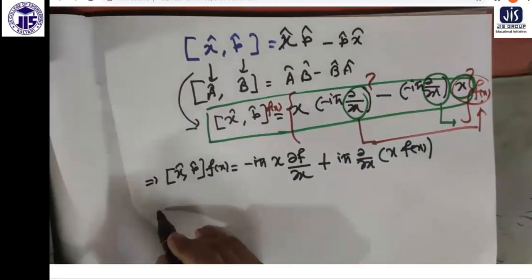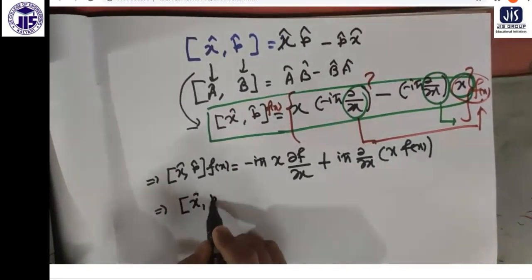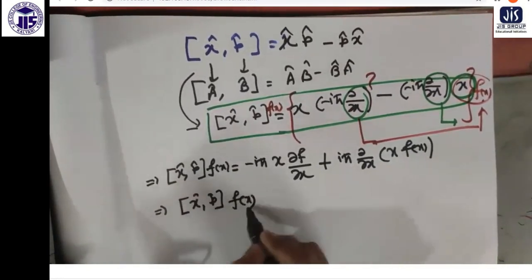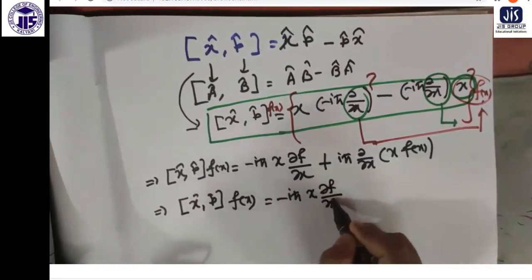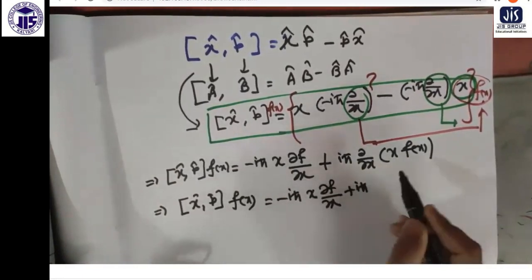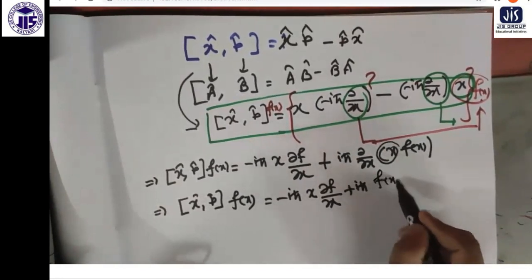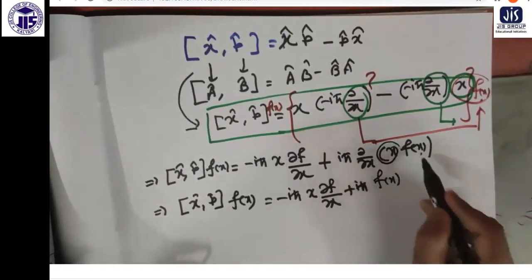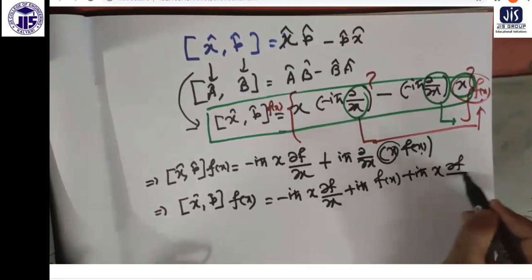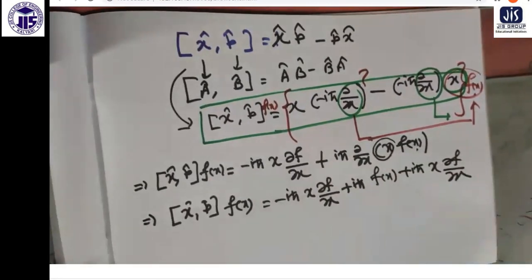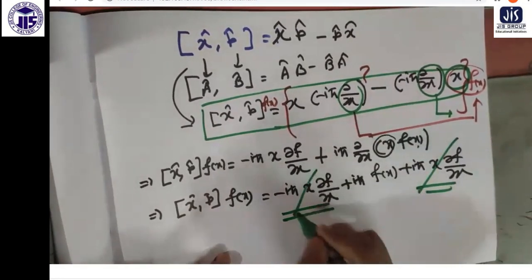So therefore we can get x p f(x) equal to minus h cut x del f by del x plus h cut. You see what would happen? The first x will be differentiated, I will get f(x), and then f(x) will be differentiated, so it will be h cut x del f by del x. The first term and last term, if you compare these two, are equal and opposite and will cancel each other.